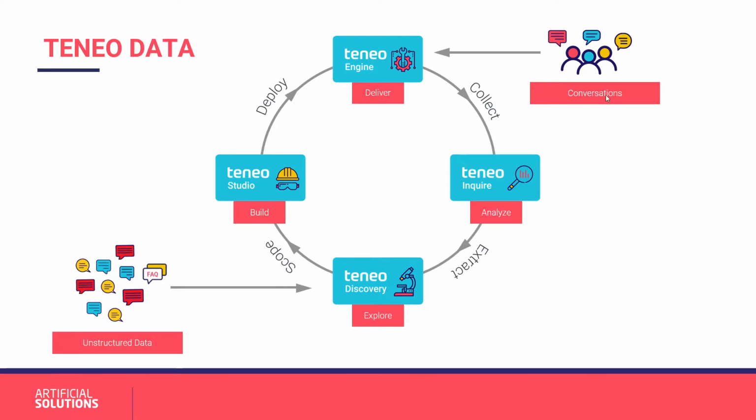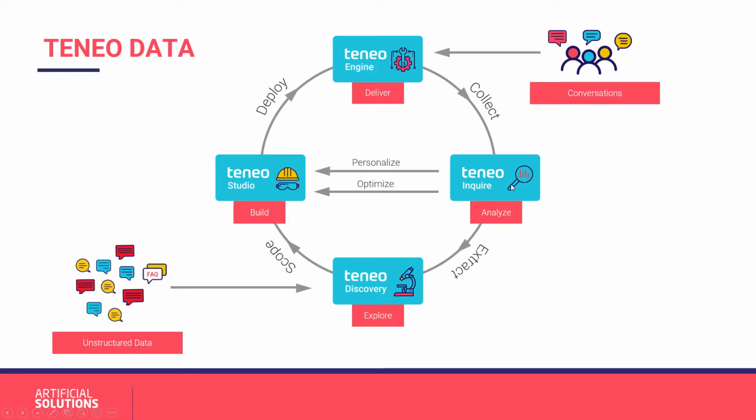This data is collected in real time and stored in Teneo Inquire, which is a repository that holds our data safely and feeds it back into Teneo Studio for personalization and machine learning optimization purposes.